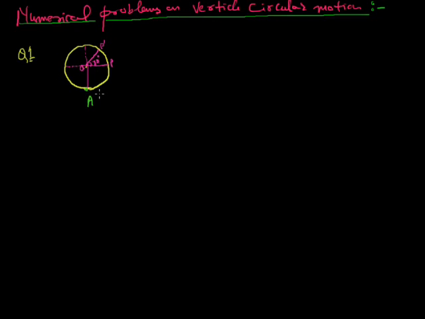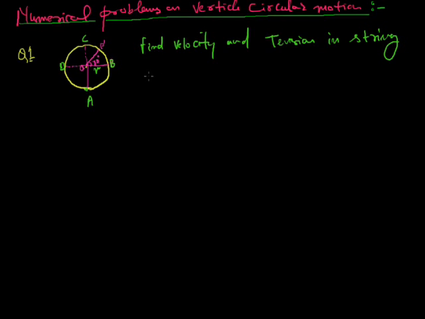This is A point, C and D. Radius of the circle is r. Find velocity and tension in string at point P.